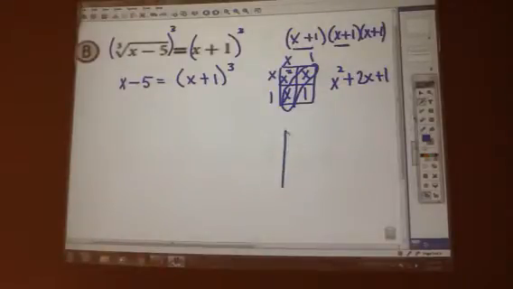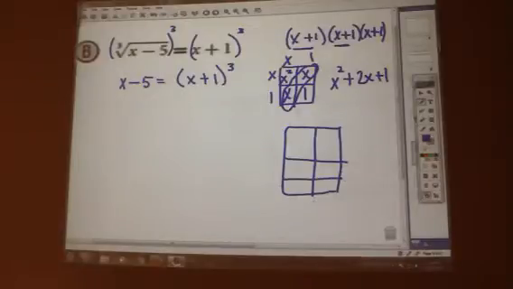Then I have to multiply that times x plus 1 again. You still put it in a box. X cubed. X squared times 1 is x squared. X times 2x is 2x squared. 2x times 1 is 2x.